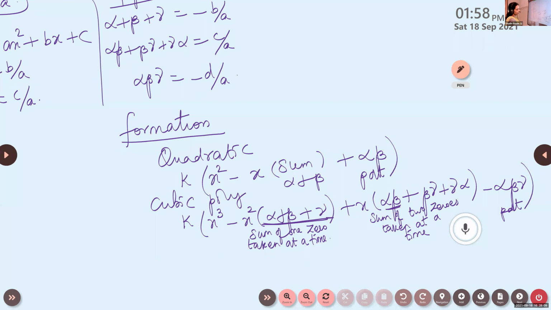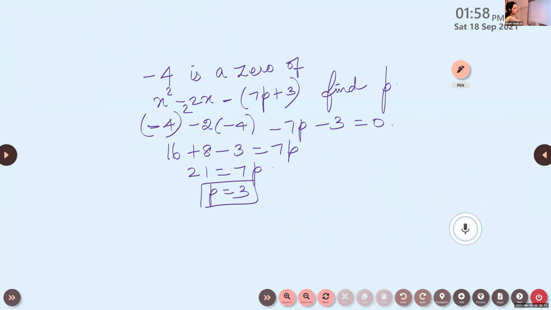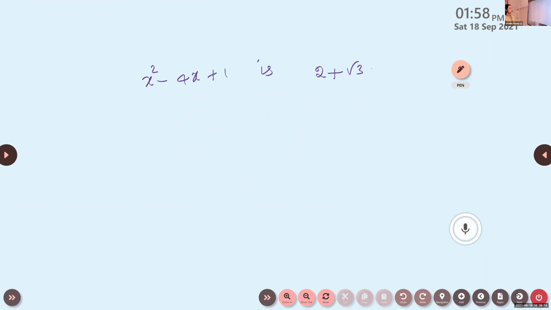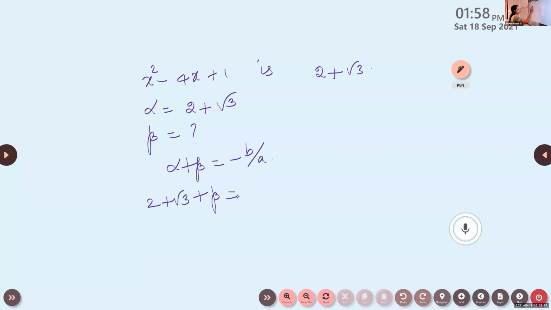Okay, so now look at the previous one. What is asked here? One zero is given, so we can take alpha as 2 plus root 3. We want to find beta. Here we can use the relation alpha plus beta is equal to minus b by a. So 2 plus root 3 plus beta is equal to minus b by a.